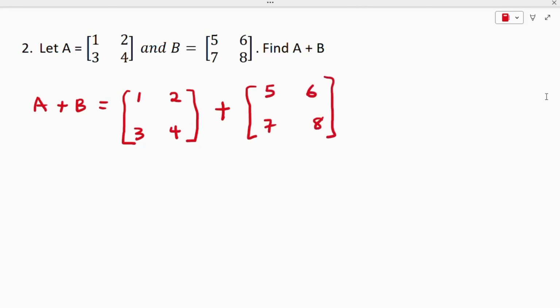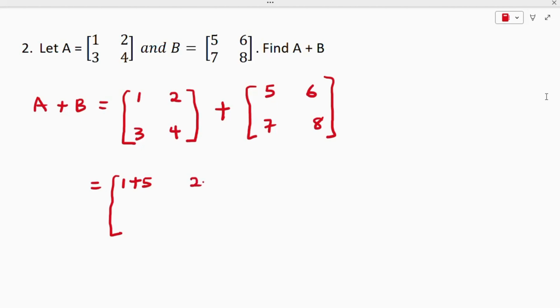Adding this, we take the value in the first row and first column, which is 1, plus we go to the second matrix and take the element of the first row and first column, which is 5. The same applies to the first row and second column.